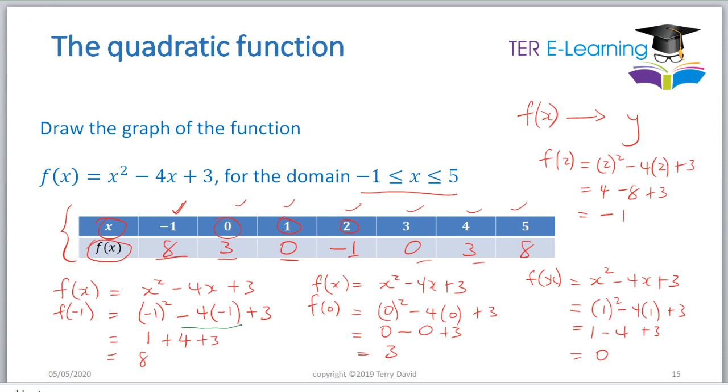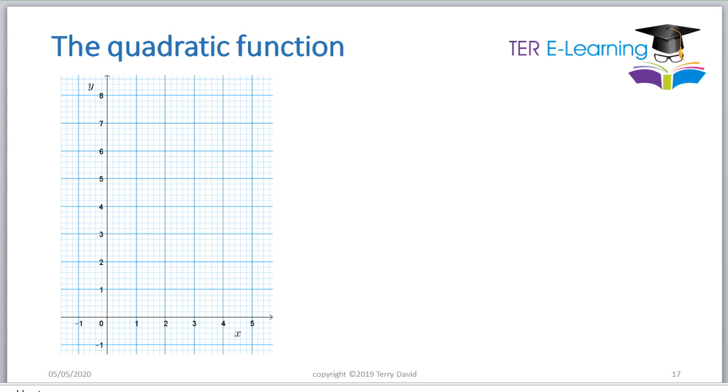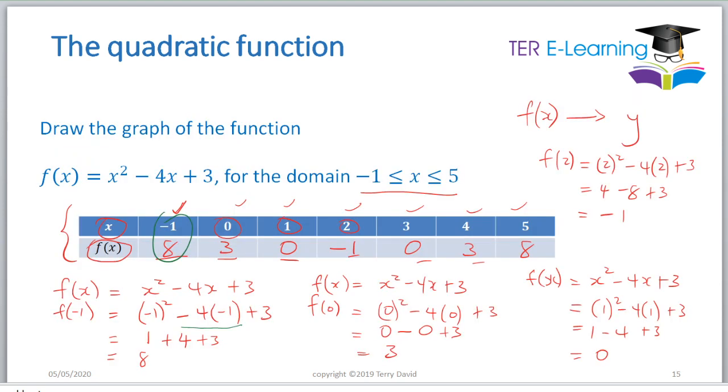So the first coordinate that we're going to plot will be minus 1 and 8. Right? That's the first point we're going to plot. I have a graph paper here. So let me get all the values one time. So minus 1 and 8, 0 and 3.